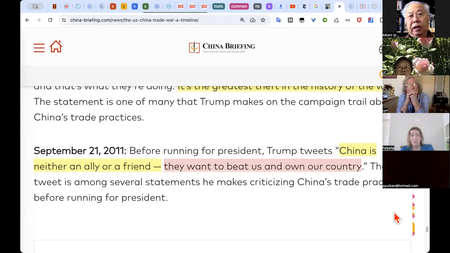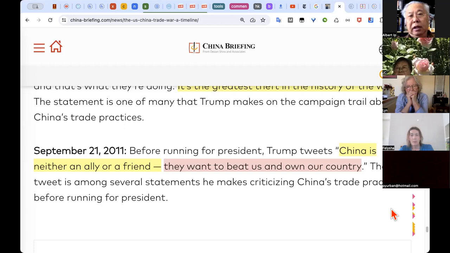So 2011, before Trump becomes president, is still running for president. He already treats China as neither an ally nor a friend. Okay, neutral, good, neutral. But unfortunately, he also says they want to beat us and own our country. Unfortunately, China has determined, actually a long time ago, 2,000 years ago, that China is not going to conquer anybody, because it is better to have trade and have friends rather than have enemies.